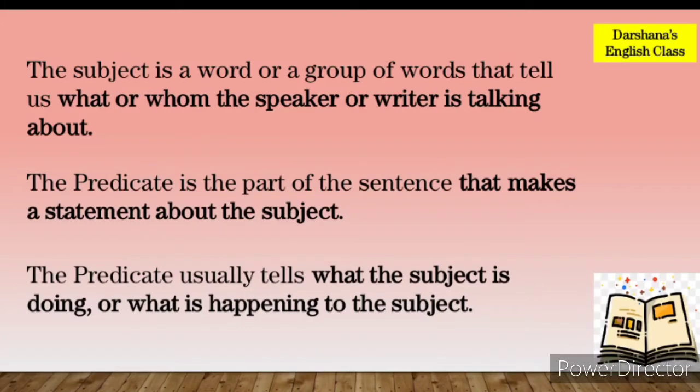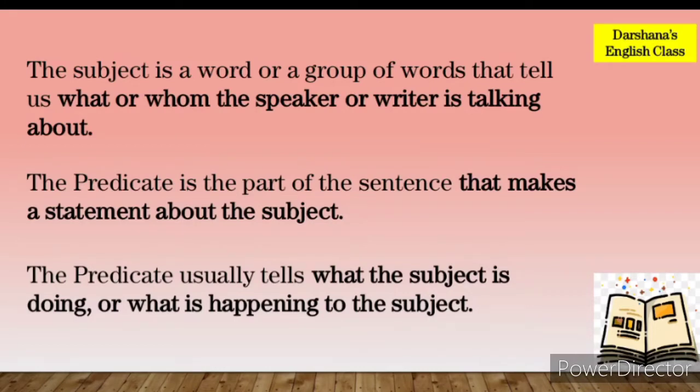The subject is a word or a group of words that tell us what or whom the speaker or writer is talking about. The predicate is the part of the sentence that makes a statement about the subject. Yes, so from this definition itself we can understand how connected these two are to give us a complete sentence.